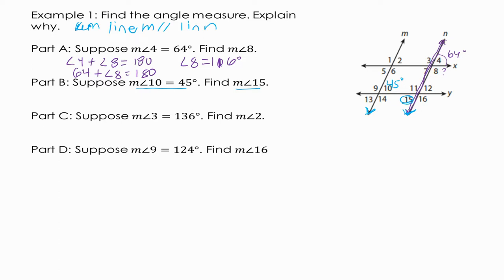So in order to find these two, this is an alternate interior angle because it's in between lines M and N. So the relationship between angle 10 and 15, these are alternate interior angles. Alternate means we're hopping over the line, and interior means that they're in between.